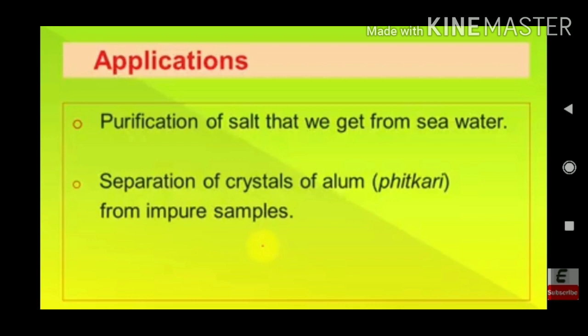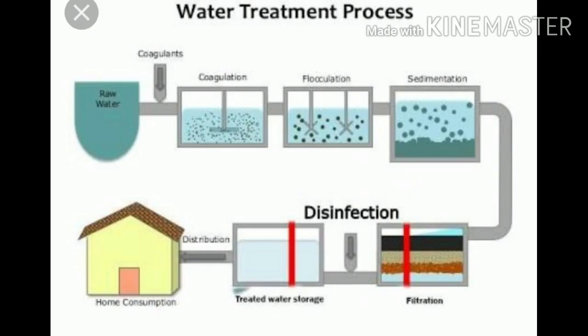Now let us discuss how water can be purified in water plants. Water supplied to various houses from the water plant is first purified and then sent to the houses. Here, water is stored in the water reservoir and then passed into another tank where the solid impurities are allowed to settle down.